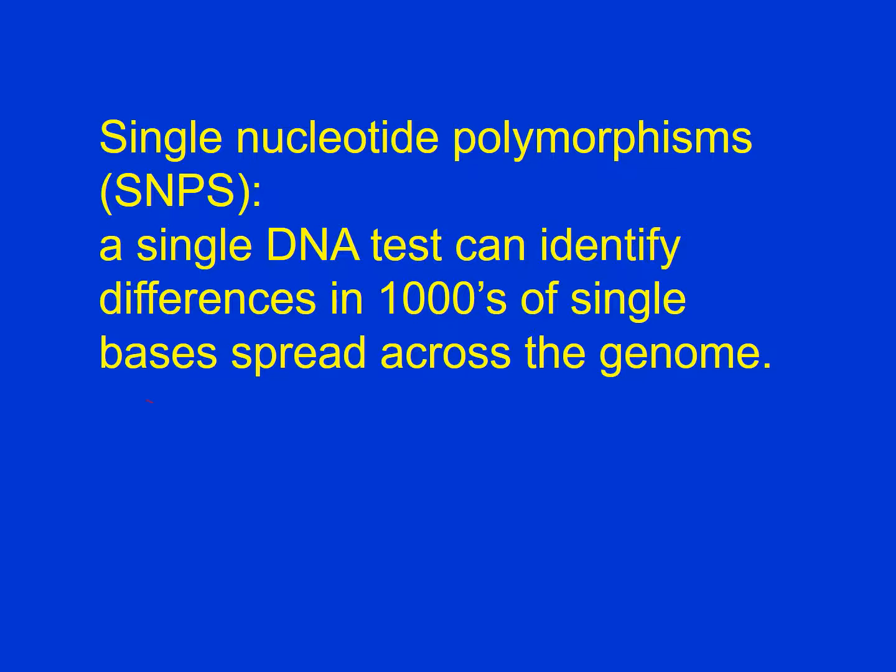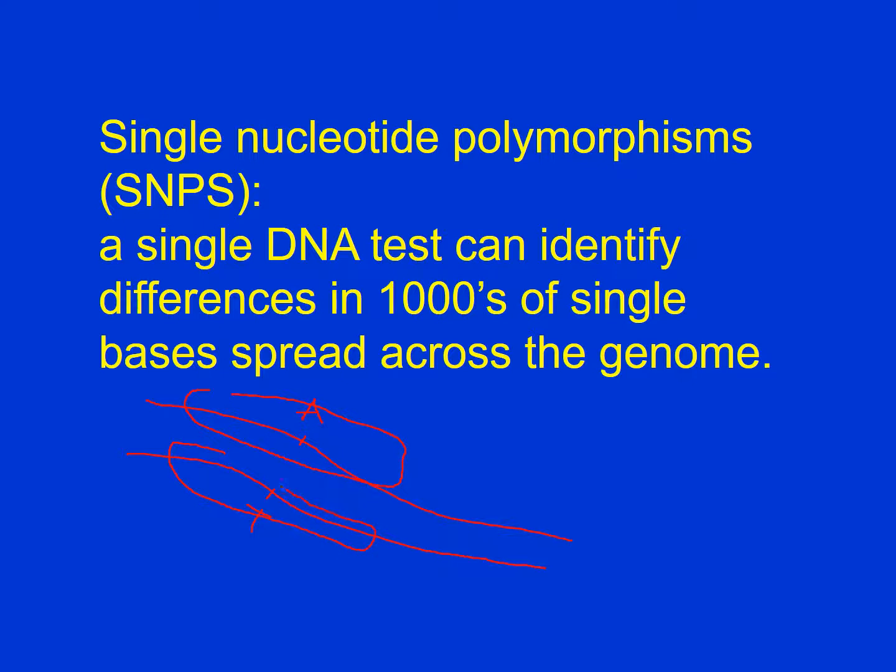Just to illustrate briefly, here we've got a chromosome, and at this loci here we've got a base, and there are 3 billion bases spread across the whole chromosome. So this nucleotide here may be an A. This nucleotide here would be a B, and we don't do all 3 billion, but we do thousands.